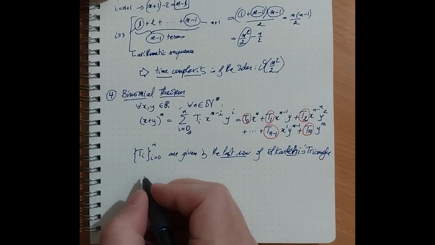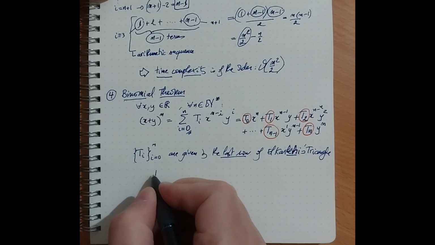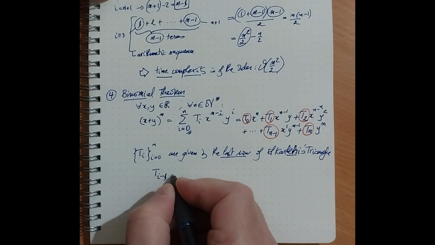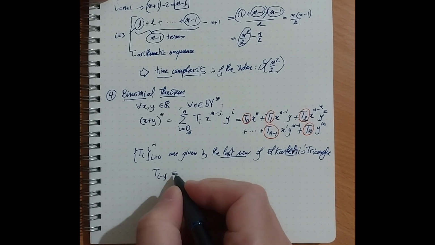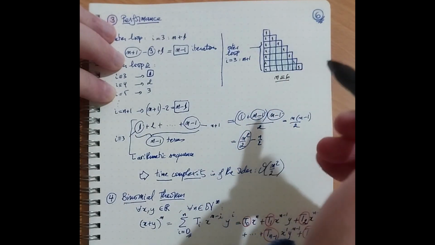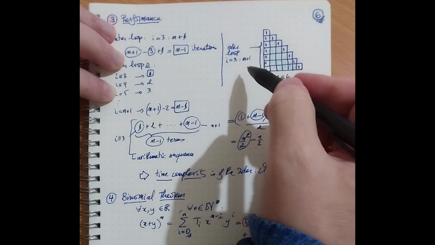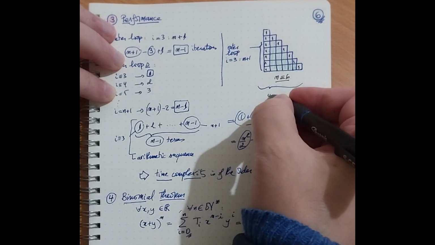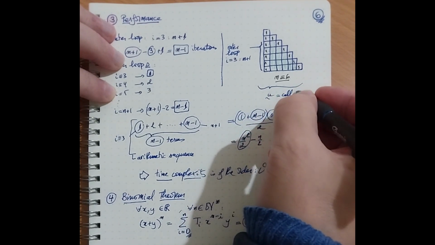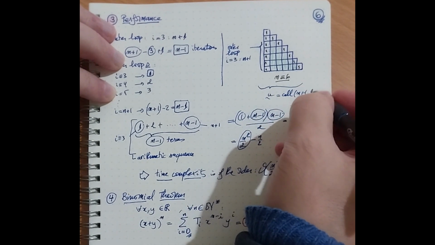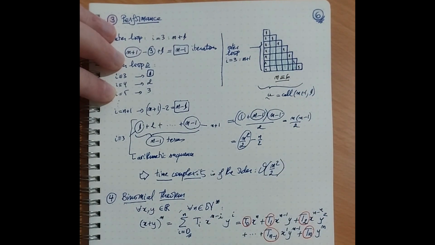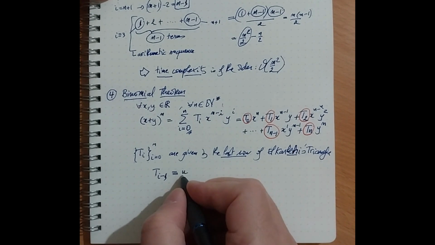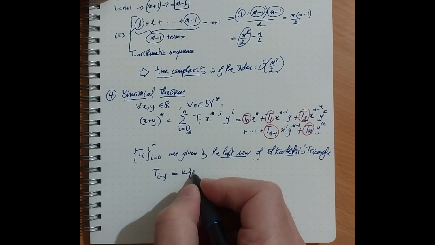That means that, be careful with the index, t_(i minus 1) is equal to, we have said that we store the triangle in a cell array. In a cell array, the last row, the contents of the last row is U{n plus 1}.